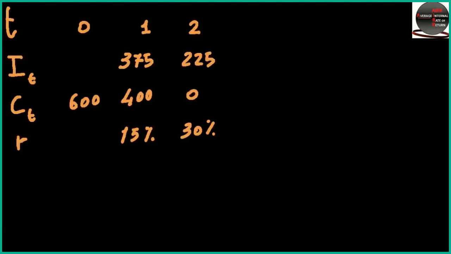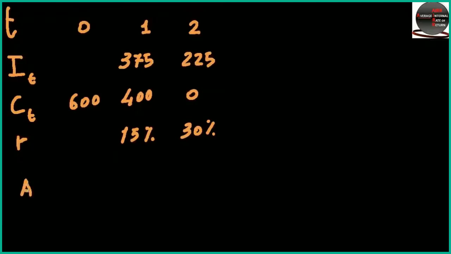Now, remember that we have 4 equivalent ways to compute the project AIRR, the project's rate of return. One of these, let us take one of these, which we illustrated in the third video.